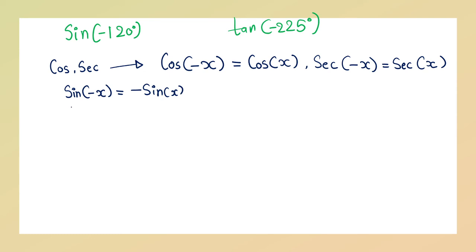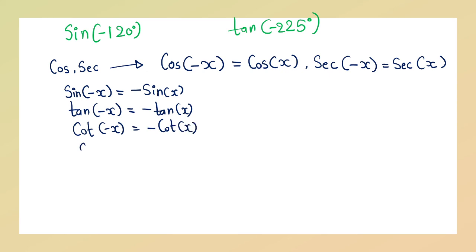Whenever I need to find sine, cos I could not talk about, because it is already discussed, so the next is tan. Tan of minus x would be the same as minus tan x. Similarly, cot of minus x is the same as minus cot x.